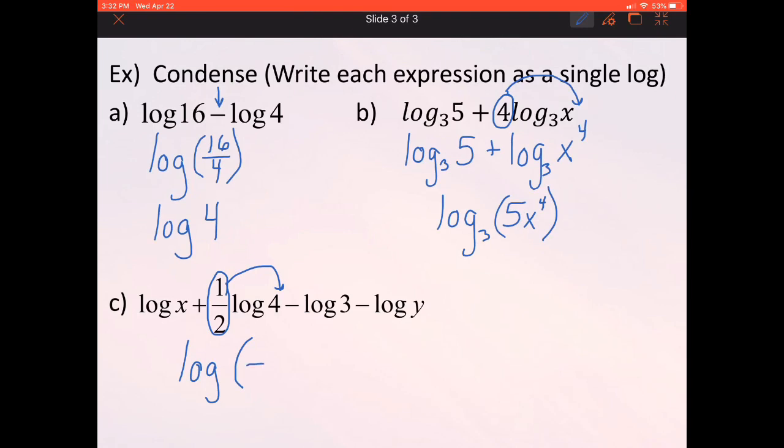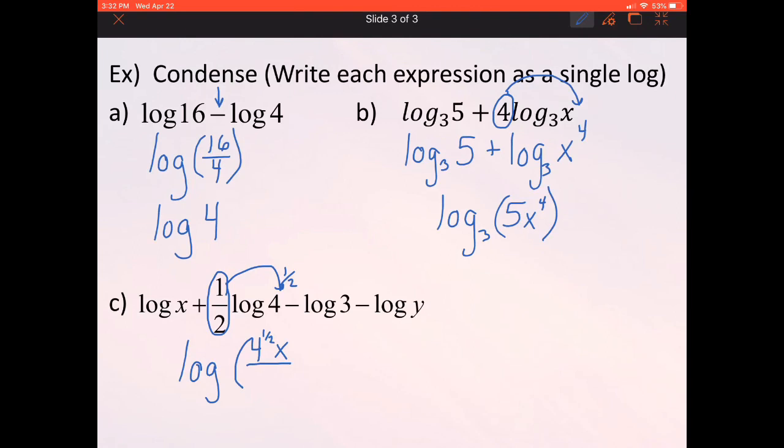So I've got a fraction. So the things at the top, things that are being multiplied are x, and now 4 to the 1/2 power. So I'm going to take 4 to the 1/2 power times x. Those are at the top.